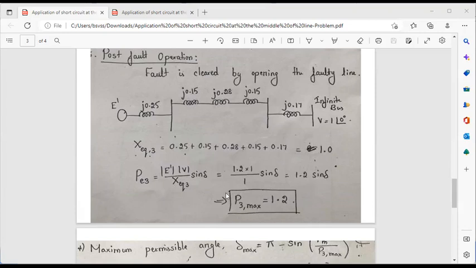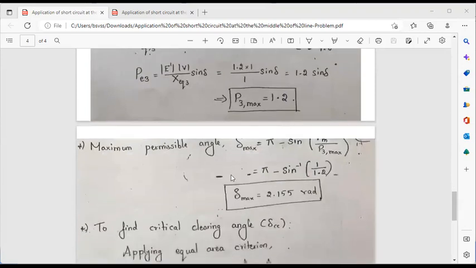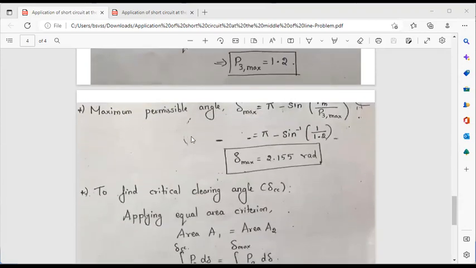Now, again, if you want to obtain the condition for maximum power, you have to apply del equal to 90 degrees. So sin 90 is equal to 1. So P3 max is equal to 1.2. From this, we can calculate the value for del max. So until what value can we change the angle? Till the value of pi.